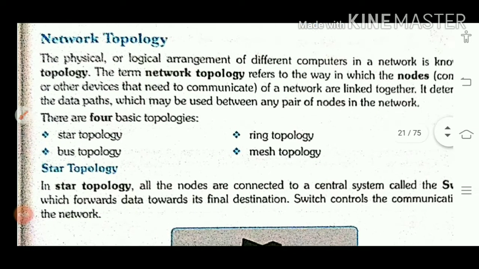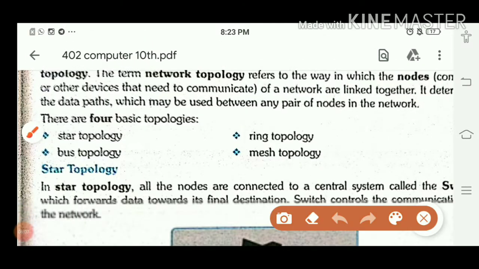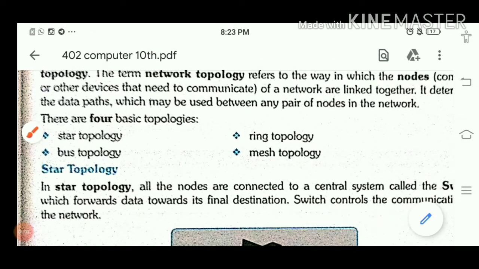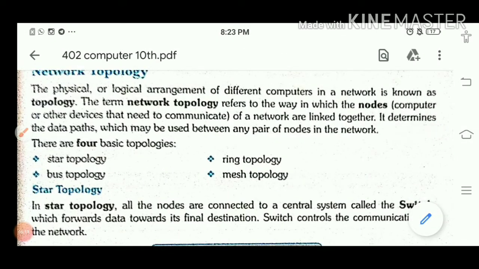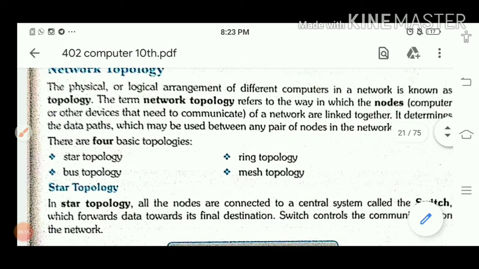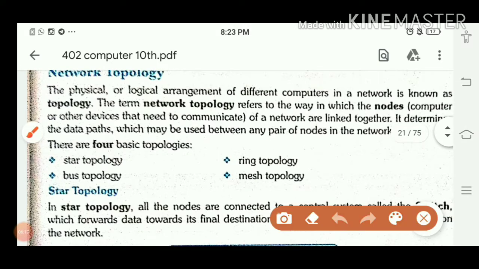What is actually topology? Topology means arrangement. Topology means arrangement of nodes of computers. The physical and logical arrangement of these nodes of these computers in a network is known as topology.